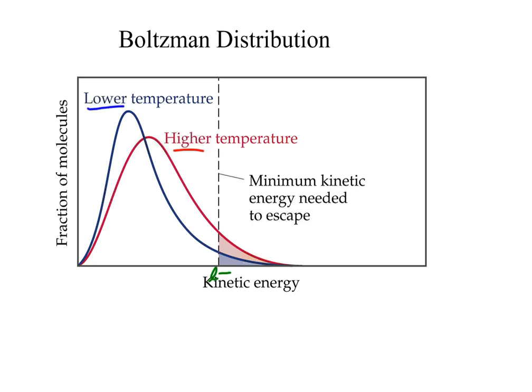Right? So that would be the energy that it would need. It would also need to be on the surface of the liquid. So you can see that in the blue curve, there's a small number of particles that have enough energy that, if they're at the surface, they could change from liquid to gas.